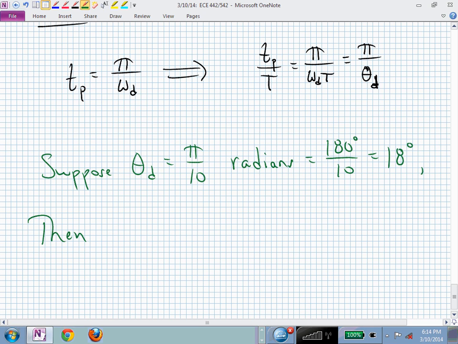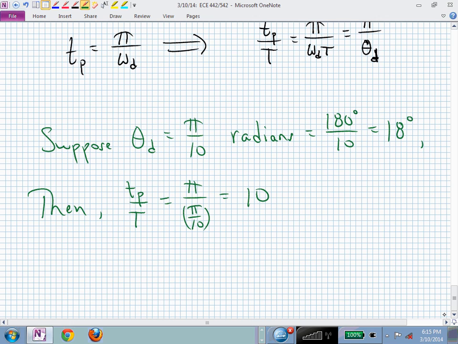If theta sub d is pi over 10, or 18 degrees, then the time to peak over T is pi over theta sub d, but theta sub d is just pi over 10. The pi's cancel, the 10 can jump upstairs, and we now see that the time to peak over the sample period is equal to 10, or the time to peak is 10 sample periods.